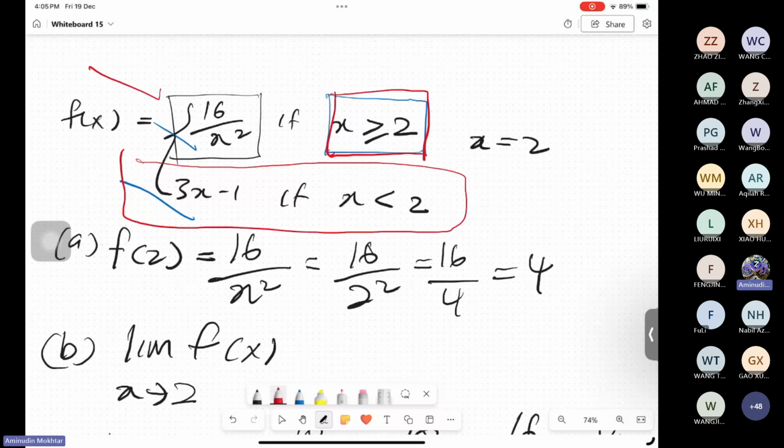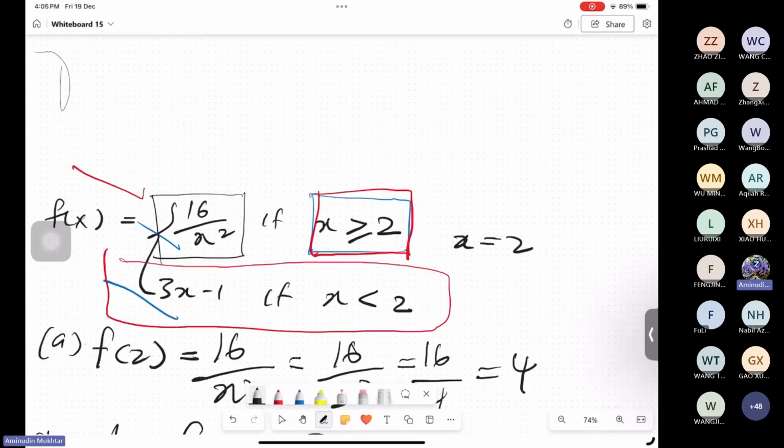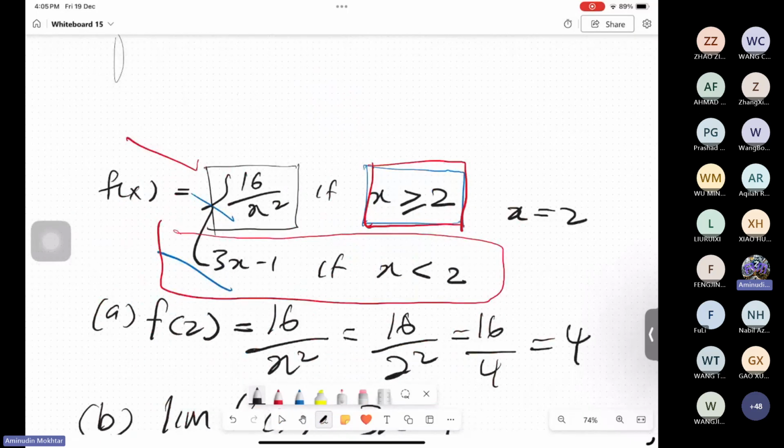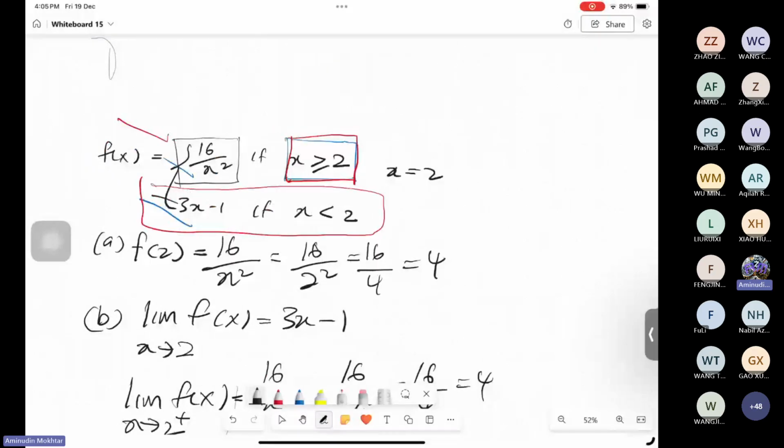This argument shows that we need to use the second function, 3x minus 1. Based on the property of limit, we just replace x with 2 in the question. This is 3 times 2 minus 1. The answer is 5.